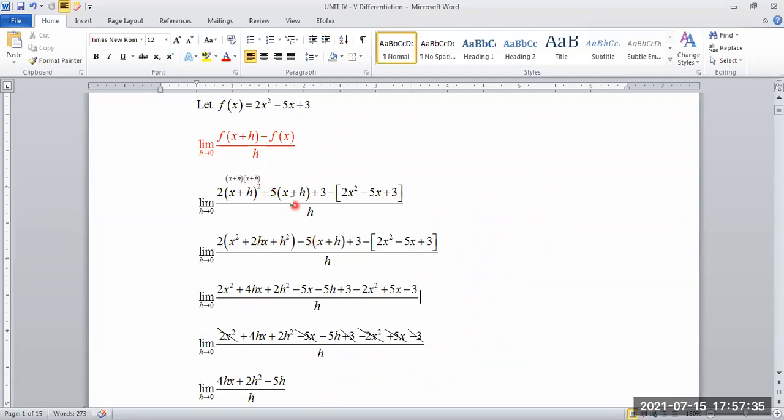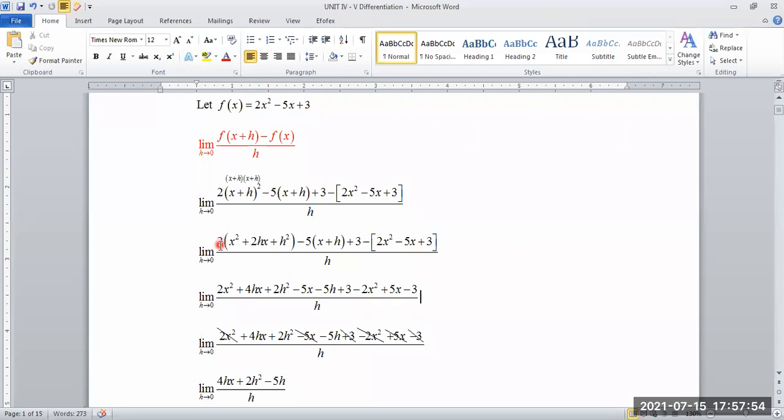Minus 5 times this x plus h is the same x plus h here, and this plus 3 is the same plus 3 here. So all I did in this line was do the expansion of (x plus h) all squared to give me x squared plus 2hx plus h squared, all right?